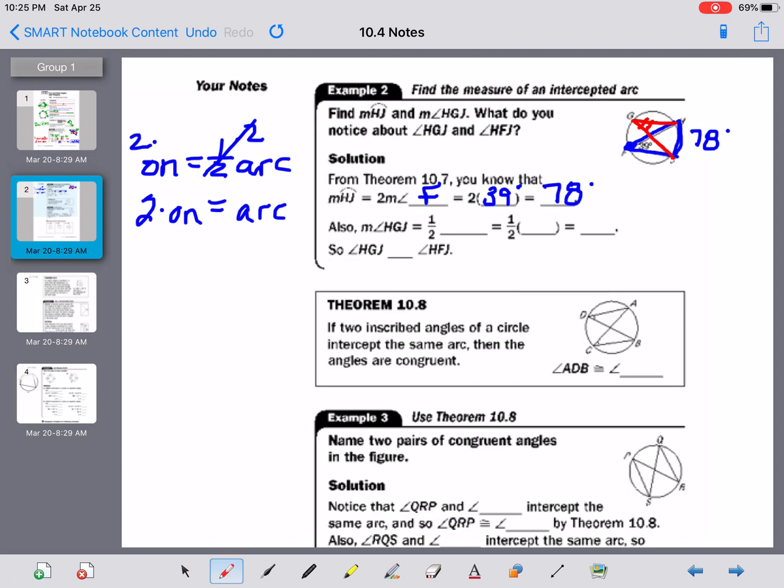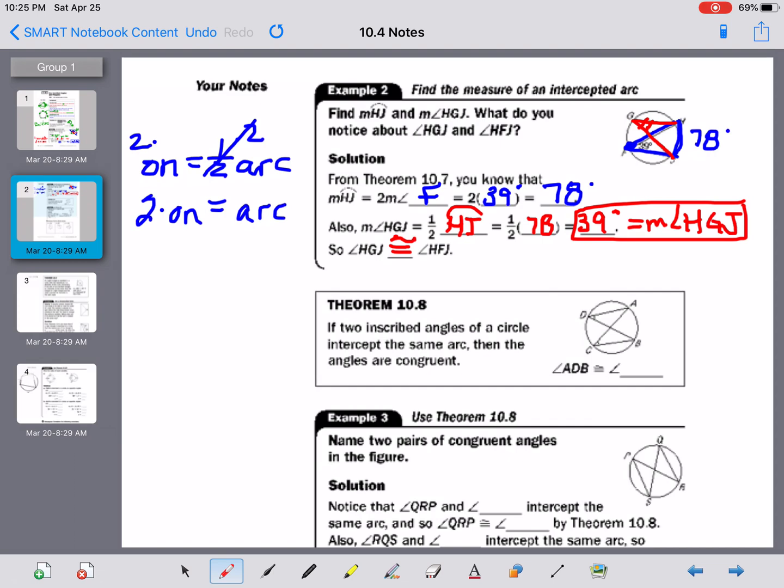So HGJ, either way you want to call it, is going to be half of arc HJ. Well, we just found HJ was 78, and half of that is 39 degrees. So that means angle G is 39 degrees, or angle HGJ. And some of you might say, well, that's funny, we kind of just undid the math we did. Those two angles are definitely congruent, okay?